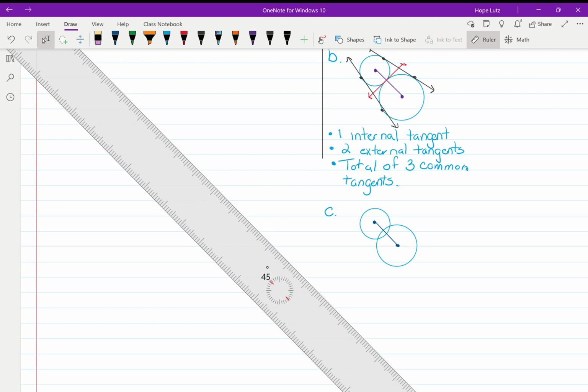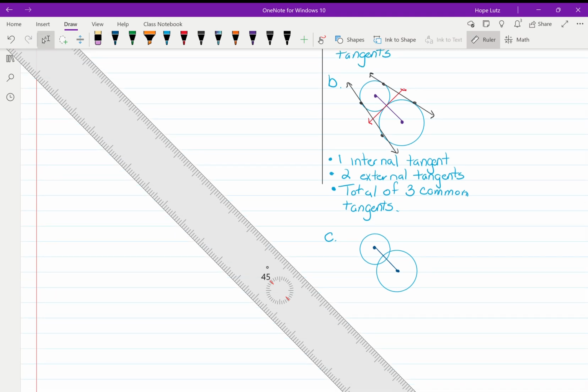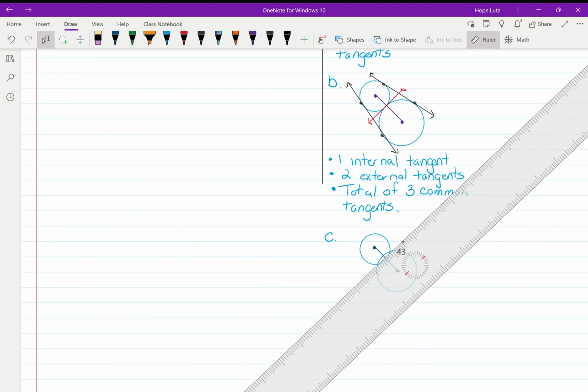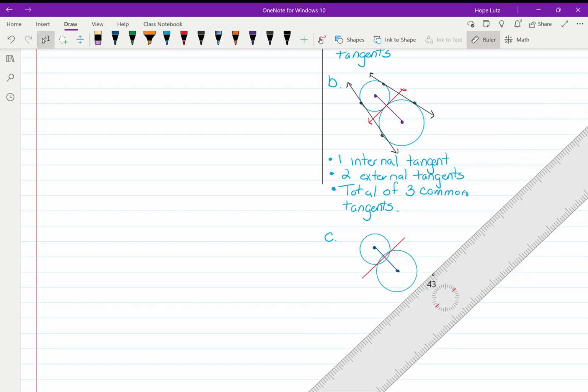So in this case I have one overlapping the other. So in the last example, you notice that it went in between. In this case, if I drew the line going through here, notice it hits it twice. In order for it to be tangent, it can only hit once. So that line is not going to be there.